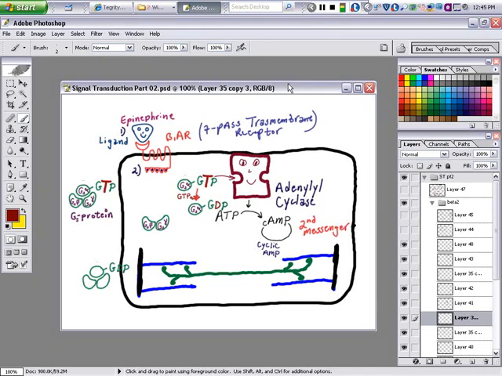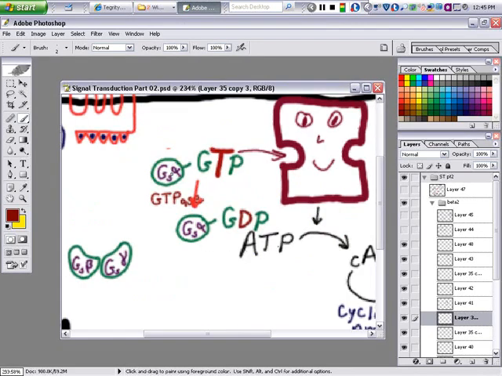Okay, now let's go back here. So here we have G stimulatory alpha with GTP. It activates adenylyl cyclase. Now it gets to the point where you don't need it anymore. So that intrinsic GTPase activity of the G stimulatory alpha is going to convert this GTP to GDP.